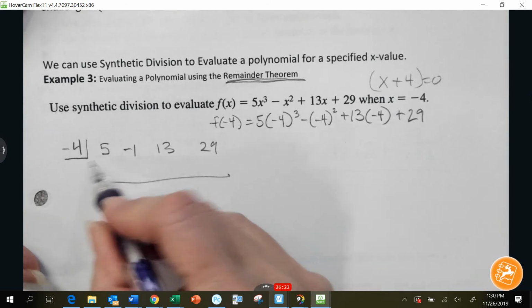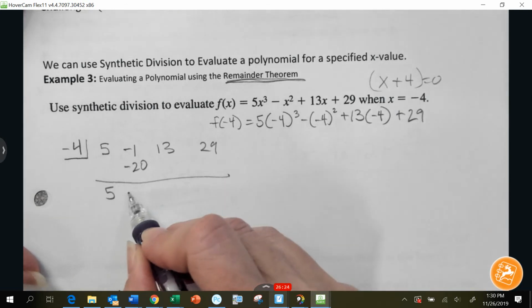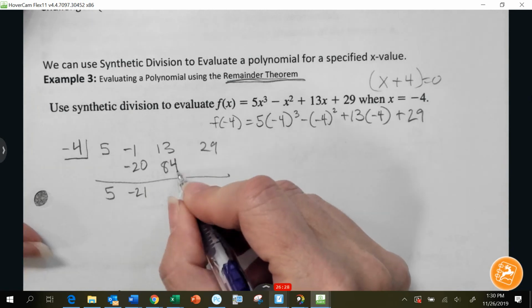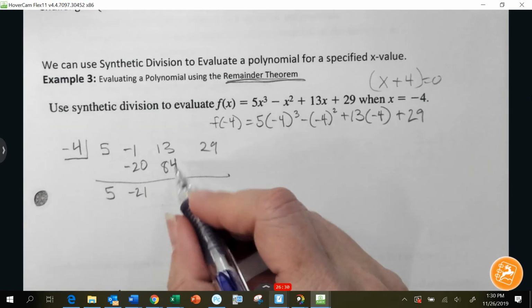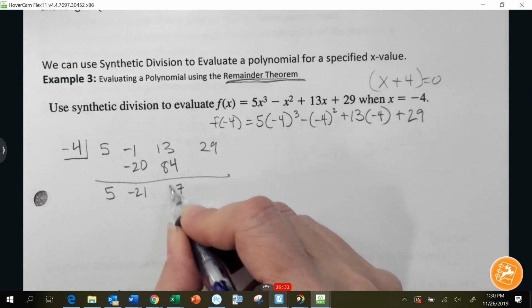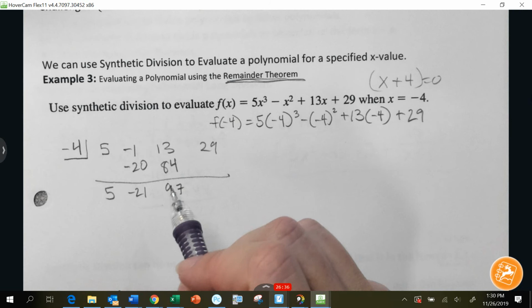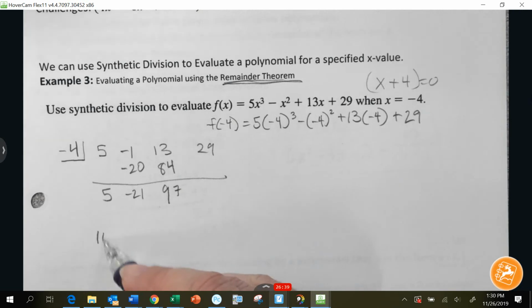Bring down 5, multiply, -20, add -21. Multiply, that's 84. Add, yes, this one does have bigger numbers, 97. And then multiply, do you know how to multiply 97 times 4 quickly? What's 100 times 4?